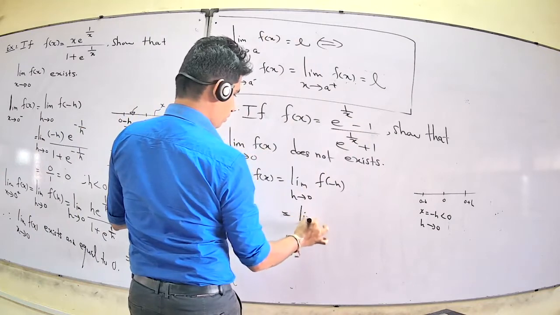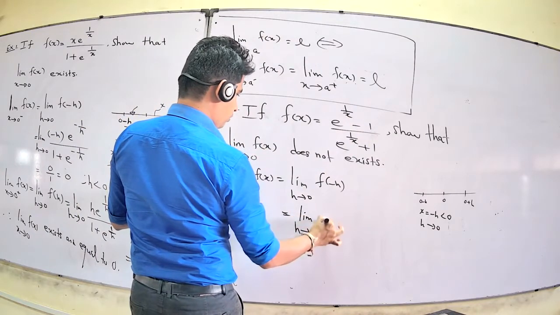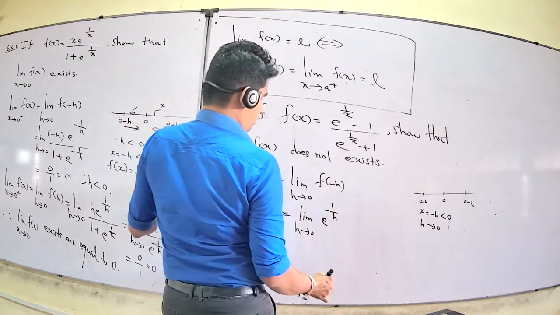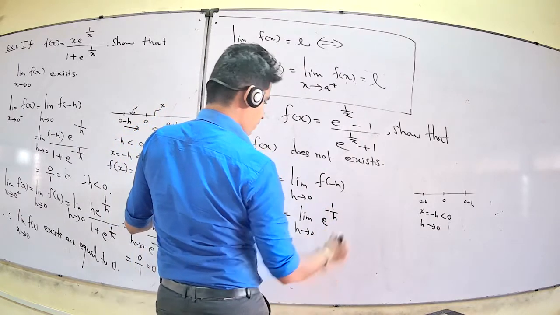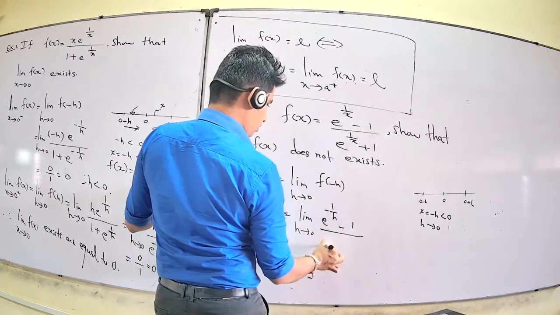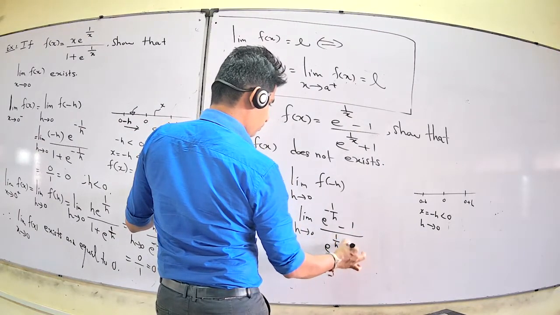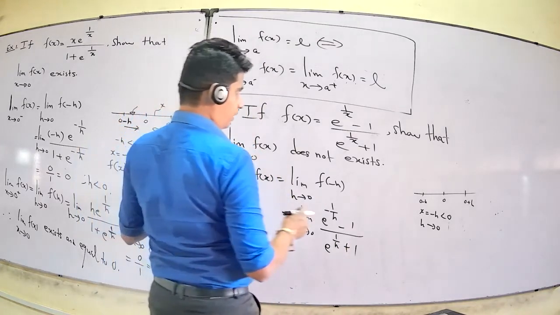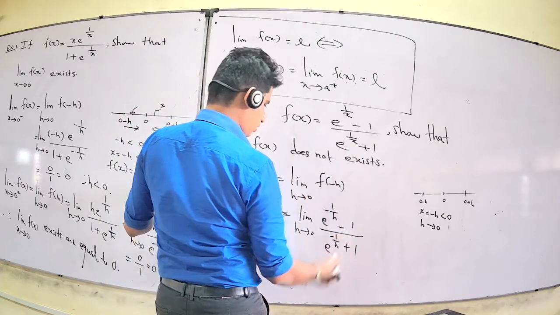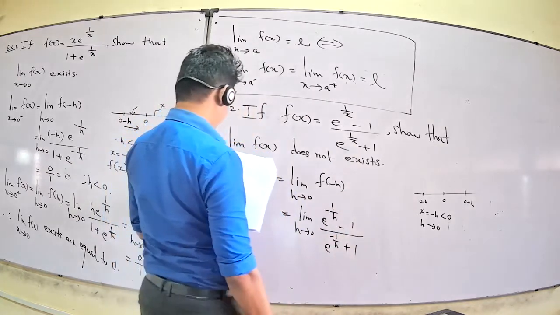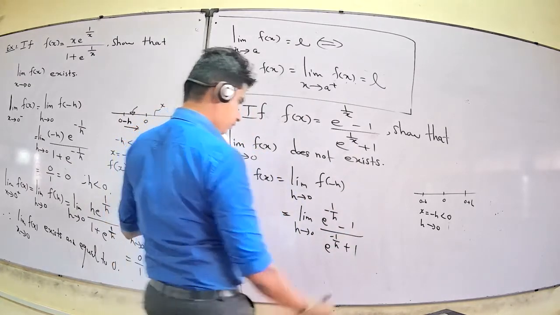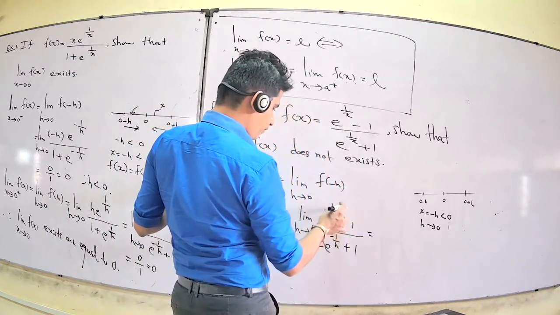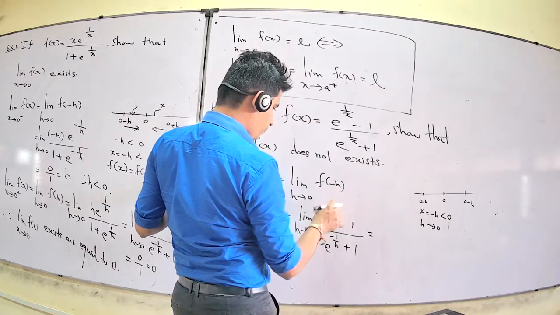Limit as h tends to 0 of e power minus 1 over h, minus 1, over e power minus 1 over h, plus 1. Sorry, here the exponent has a minus sign. Now what is the limit value? Suppose you put 0, 1 over 0 is infinity, e power minus infinity is 1 over e power infinity, which is 0.